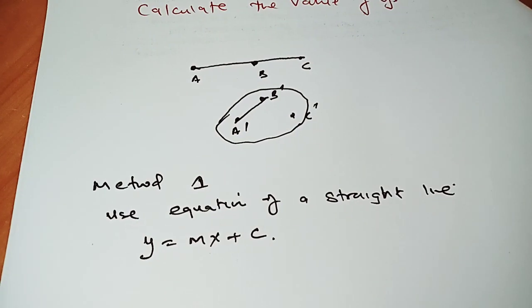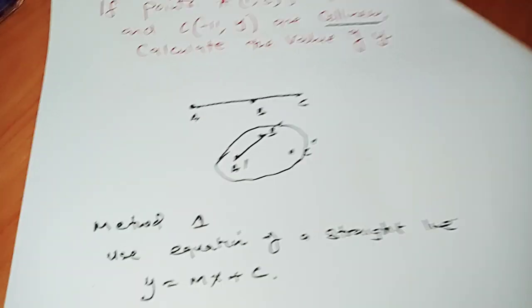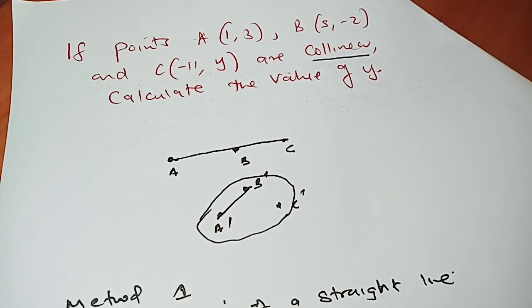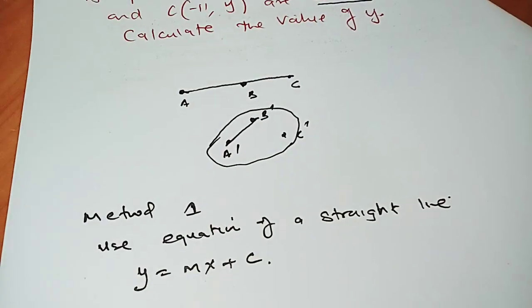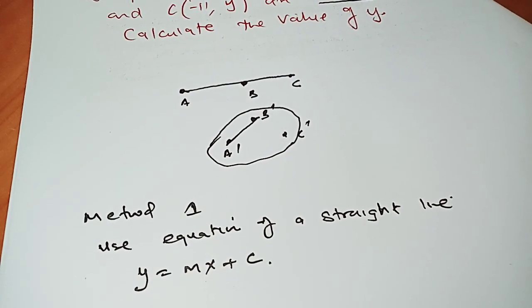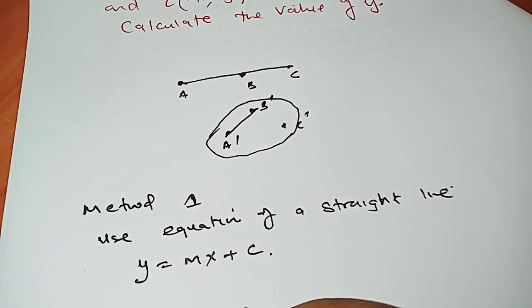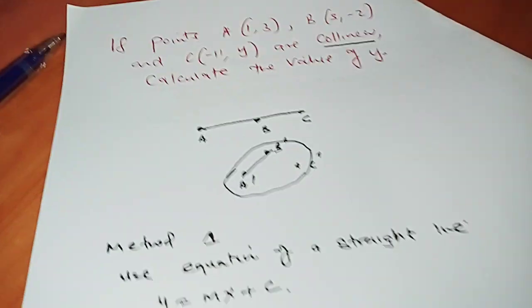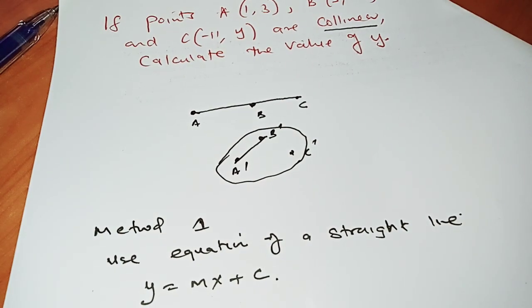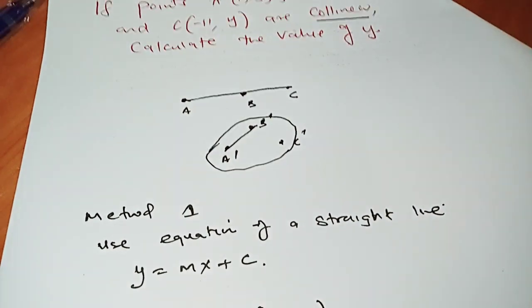So I investigate that. So we have points. The first one is 1, 3. That's A. Then B is 5, -2.